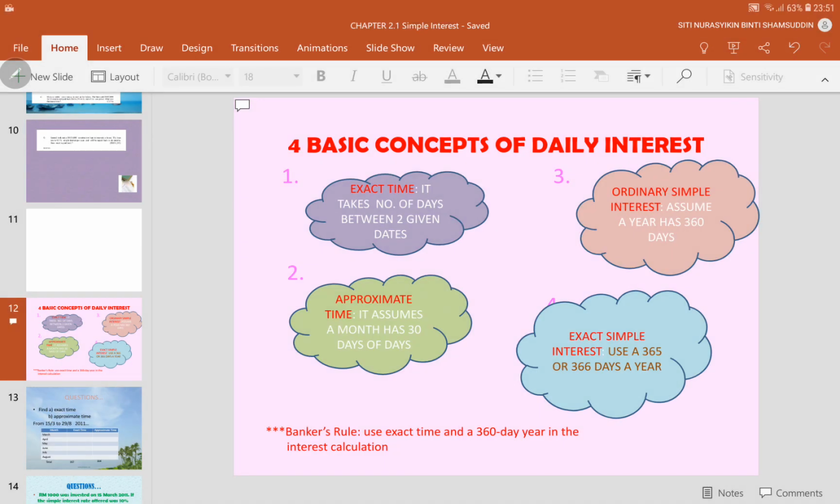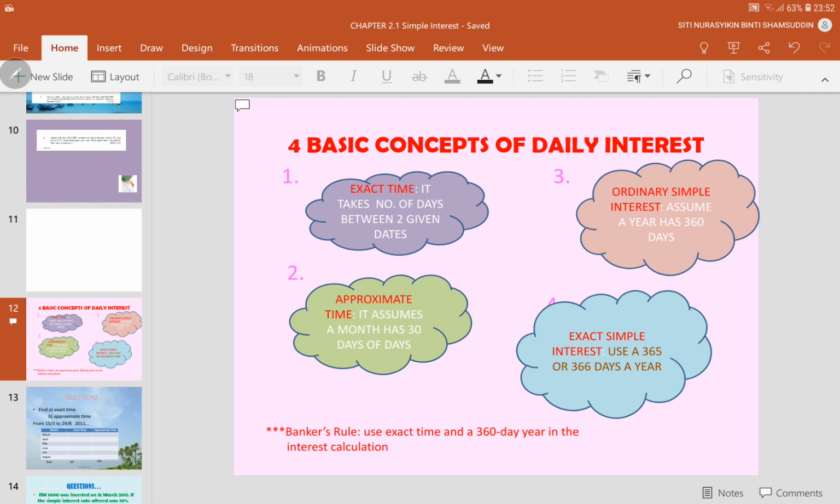Next part is on the 4 basic concepts of daily interest. So far you have looked at examples or questions that simply mention the period of investment or the period of loan: 6 years, 6 years 9 months, 7 years, 10 years. What happens if the question gives you exact dates?